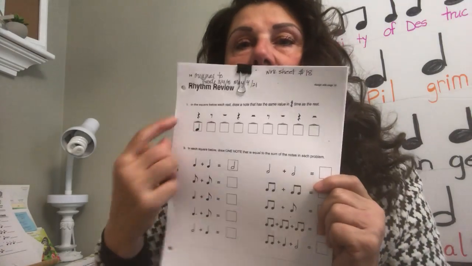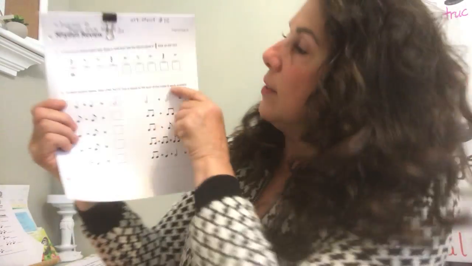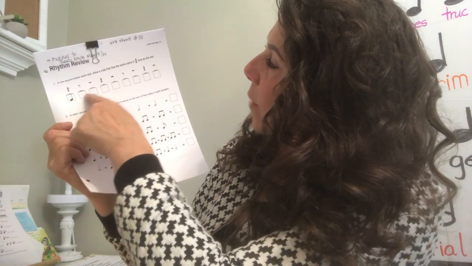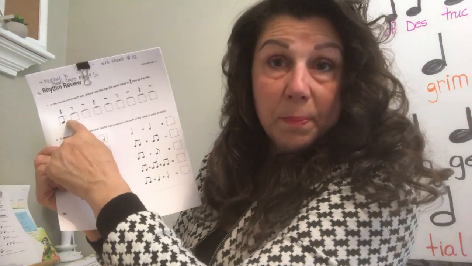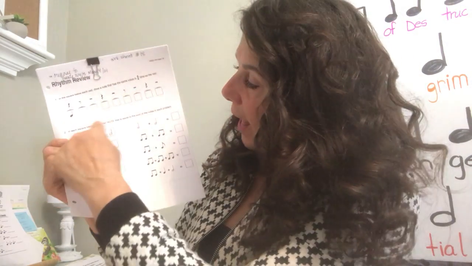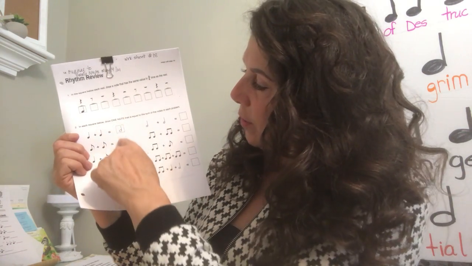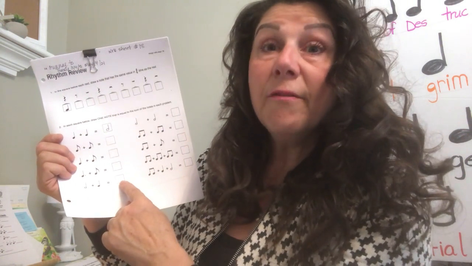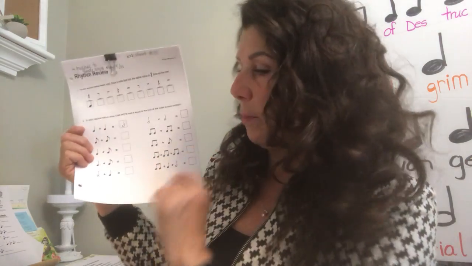So let's just quickly review. We'll go all across the top here, okay? This is some rests up here, so put the corresponding or matching note here, and then go on down here and put the corresponding note value of the total in each of the boxes.